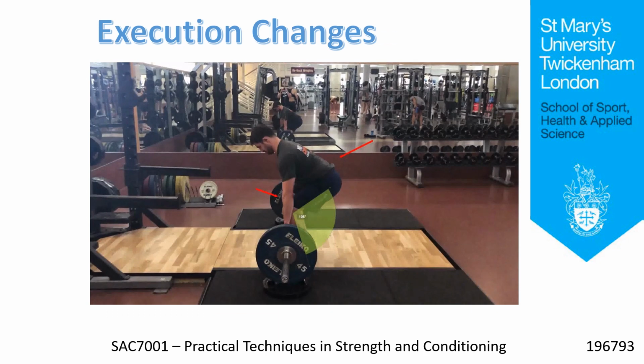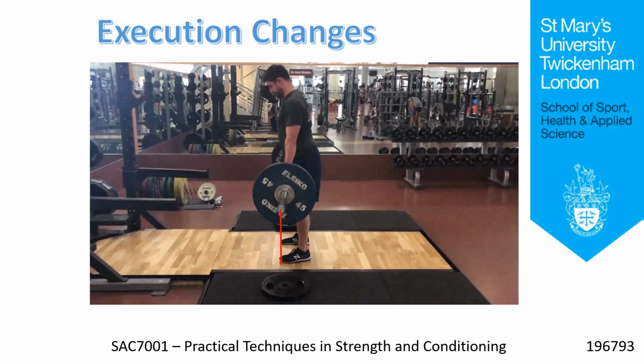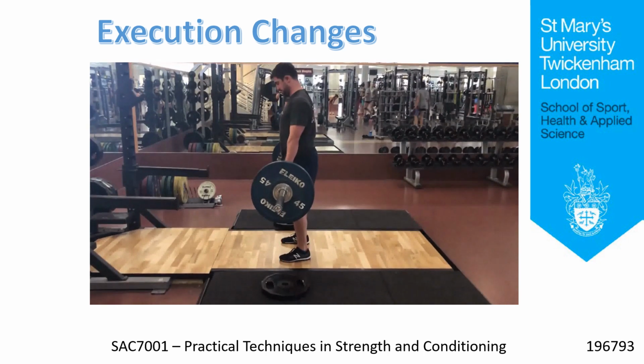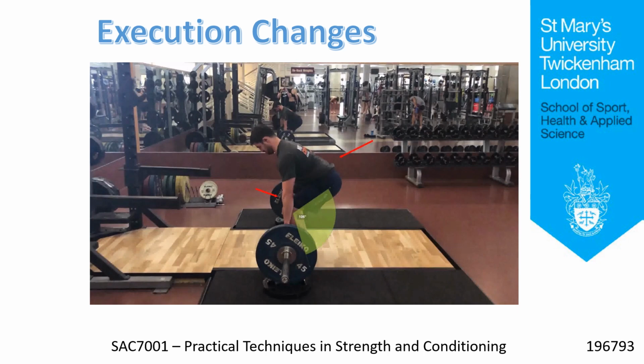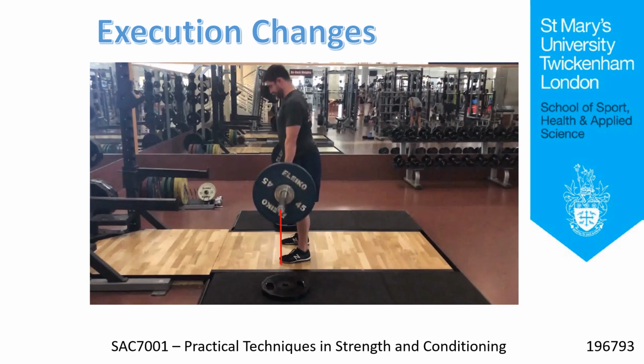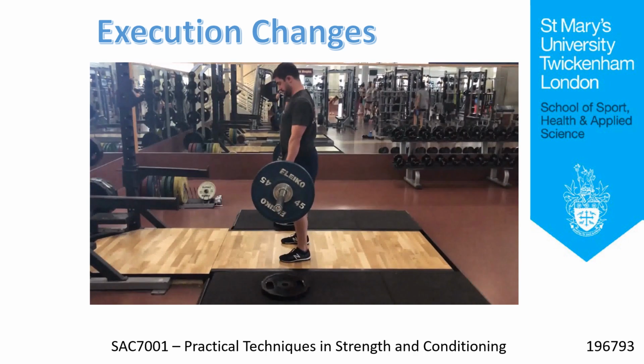Using these exercises and also reducing the range of motion, we were able to decrease the rounded back the athlete presented in the first deadlift we saw, although we still maintain a bar path far away from the body and the shoulder still in line with the bar.